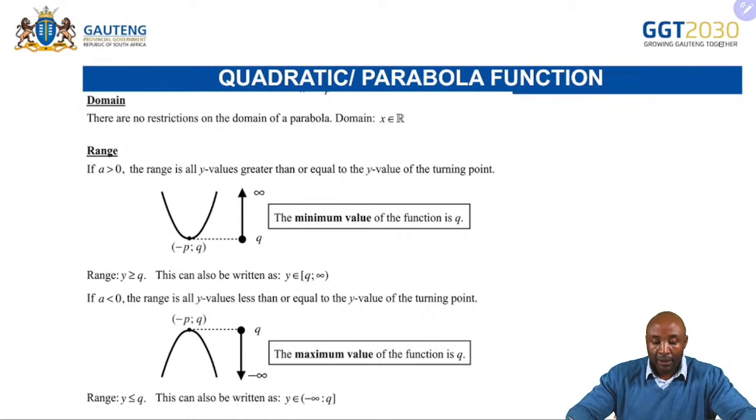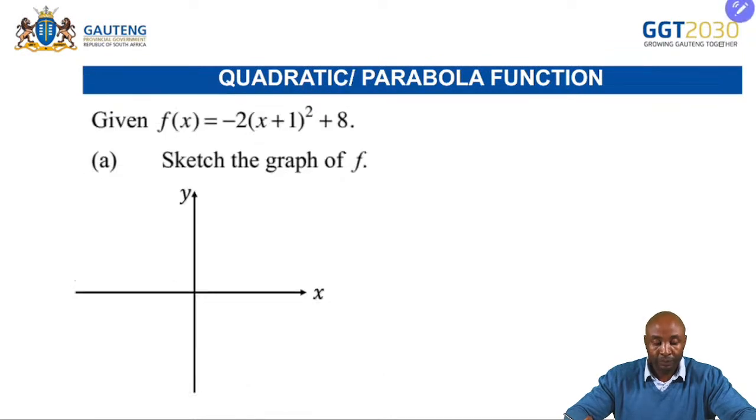If it is concave up, the range must be given by y is greater than or equal to q, or y is an element from q to positive infinity. We include the q. We use the inequality sign greater than or equal to. If it is concave down, it will have a maximum, and the maximum will be at the y value at the turning point, which is our q, and the range will be given by y is less than or equal to q, or it will be given interval notation from negative infinity to q.